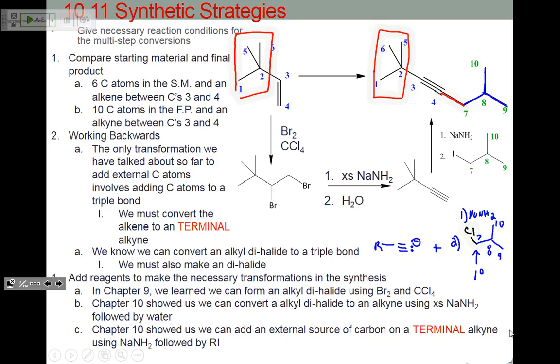That will form this, and then instead of adding water, you can add this. But if you add water, you're going to form that terminal alkyne, so then you have to deprotonate it once you've worked it up. So I'm showing it in 2 steps, so when you're looking back, you can be clear that I'm going through the triple bond.